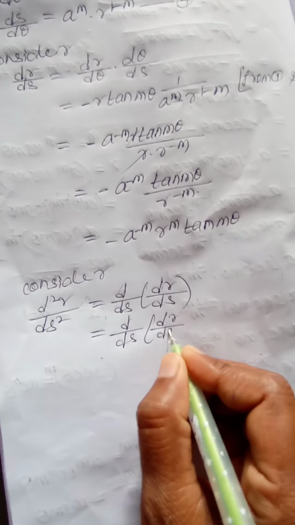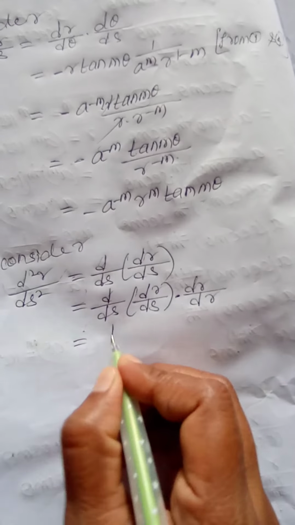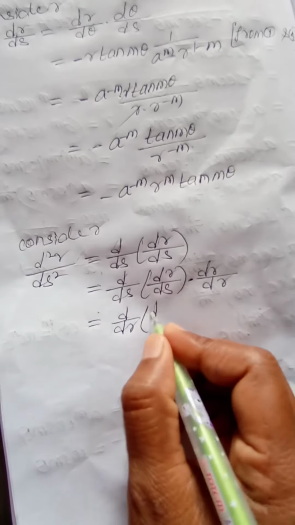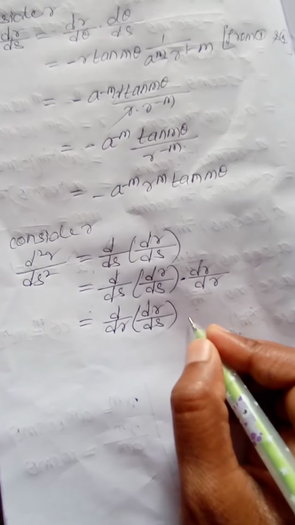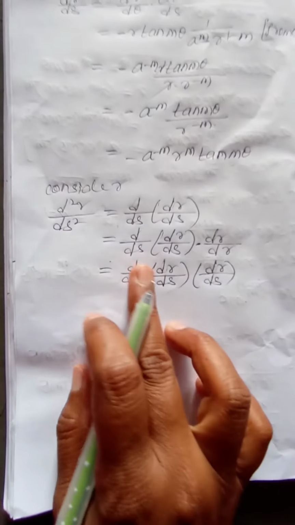So here multiply and divide by dr. So this is written as d by dr of dr by ds and dr by ds. Okay.